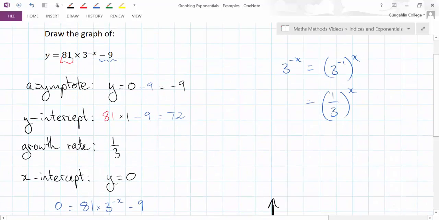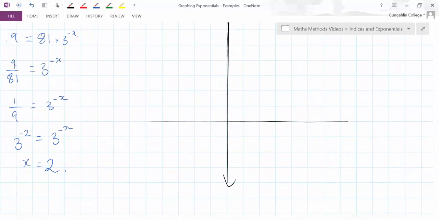All right, let's mark our important points. Asymptote at minus 9. I'm just going to use a single unit here for representing 9, just because my y-intercept has to be quite high. So I need to leave some space to deal with that. And if I set these too far apart, I'm going to have a really, really tall, skinny graph.